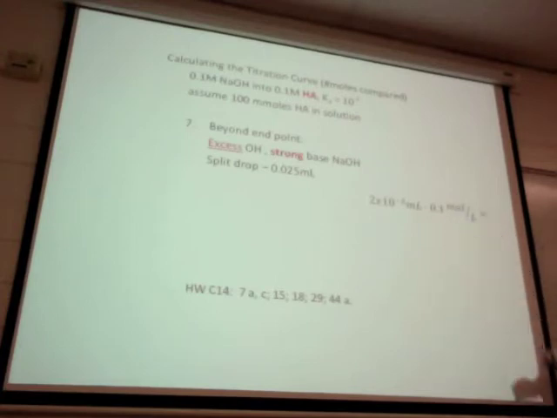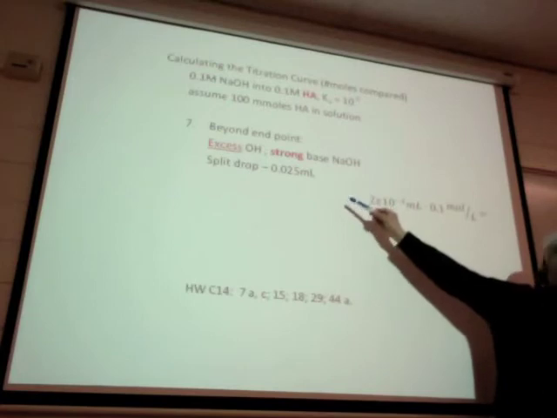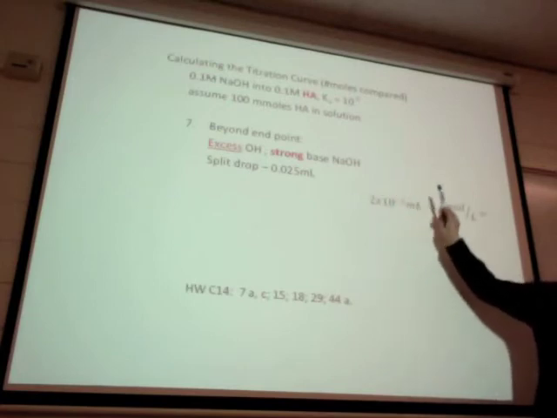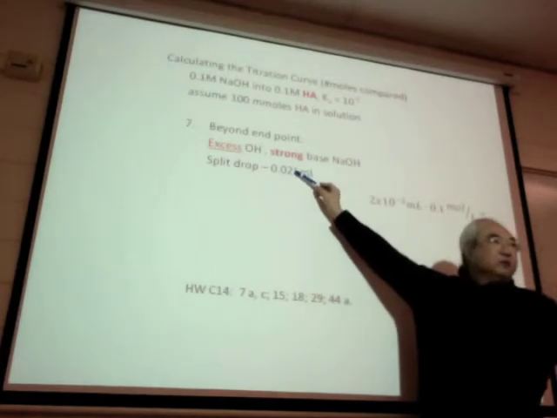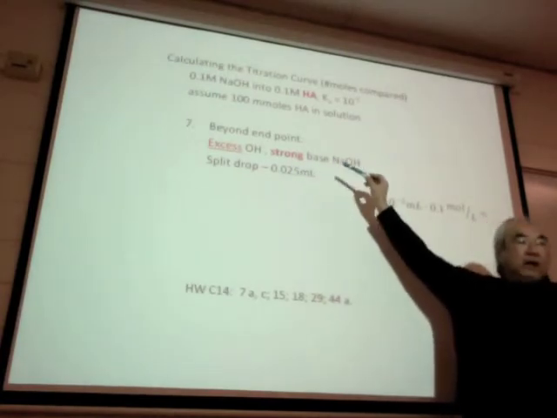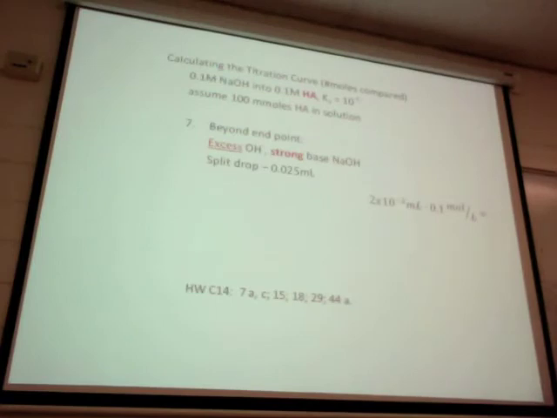Then you calculate the total volume, that millimoles over so many milliliters, to get the concentration of the hydroxide. So what it amounts to is you calculate pOH based on the excess amount only. Then it will be fine to calculate that pH.